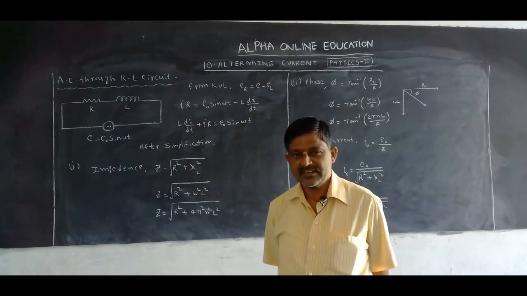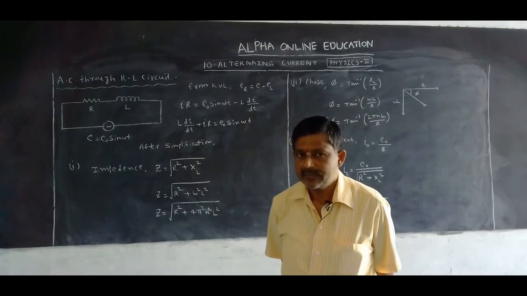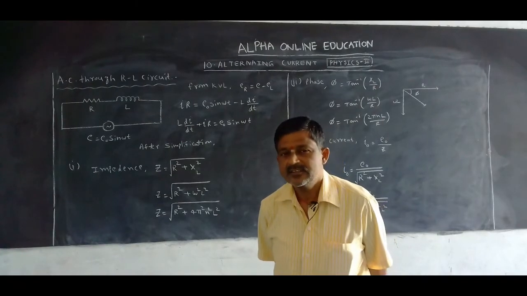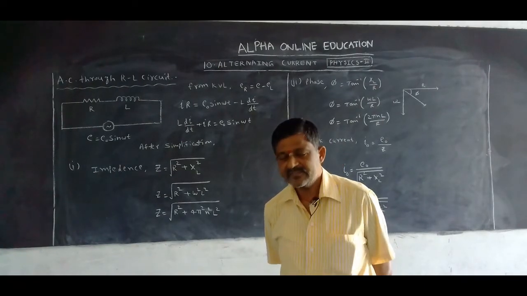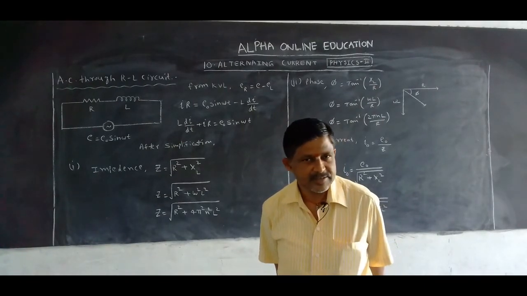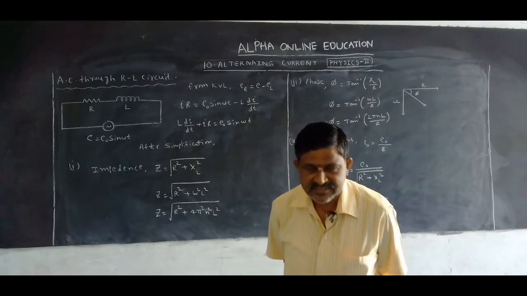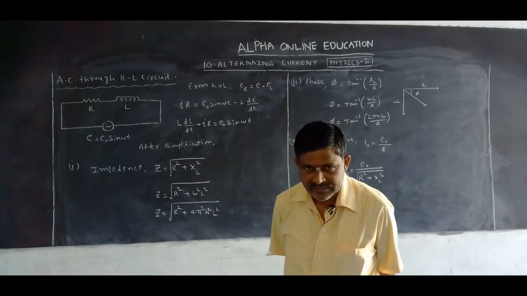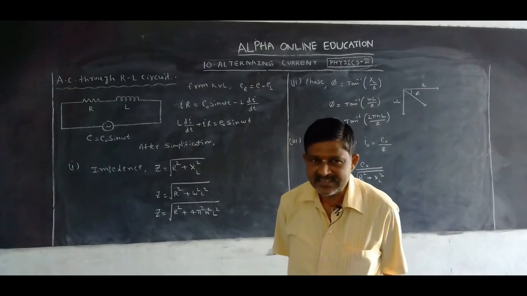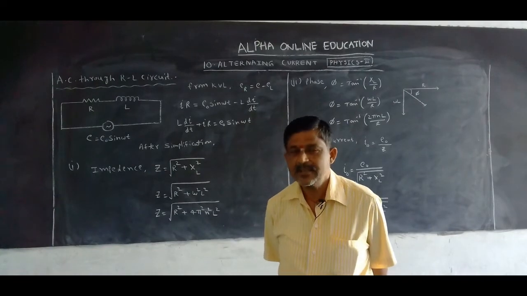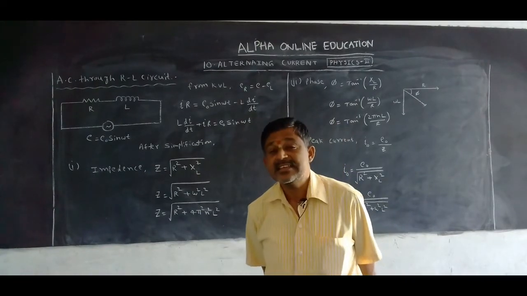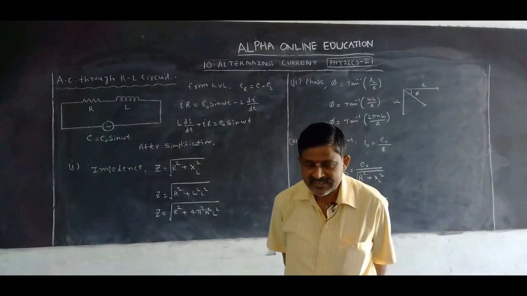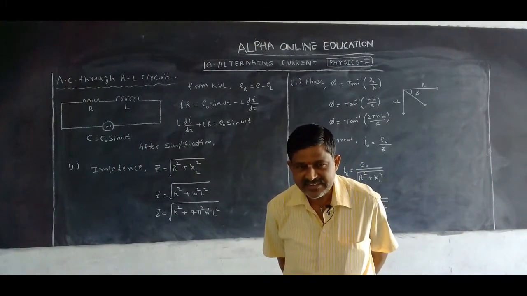When the generator is connected to the resistor, the phase of the AC EMF and the phase of the AC current are the same, so the phase difference is 0. But in the inductor, the AC current phase is behind the AC EMF. In the capacitor, the AC current is advanced by 90 degrees relative to the AC EMF.